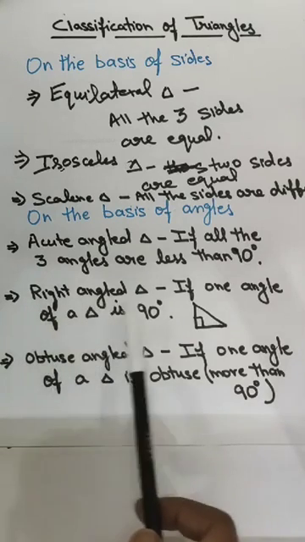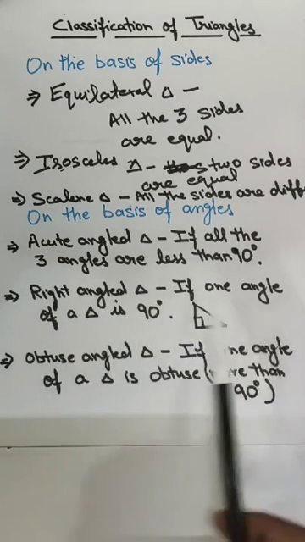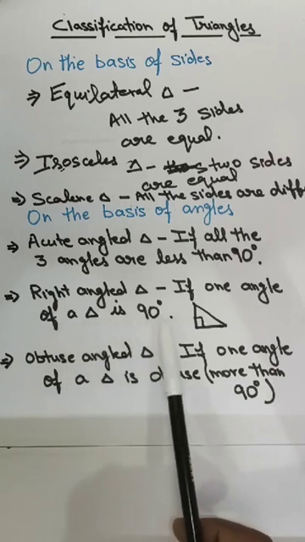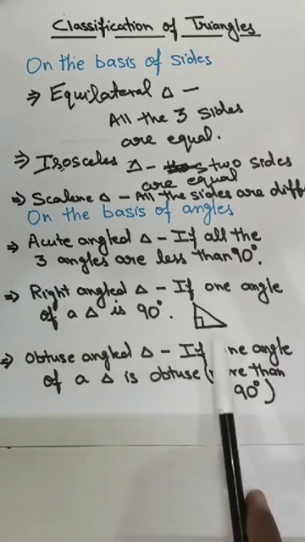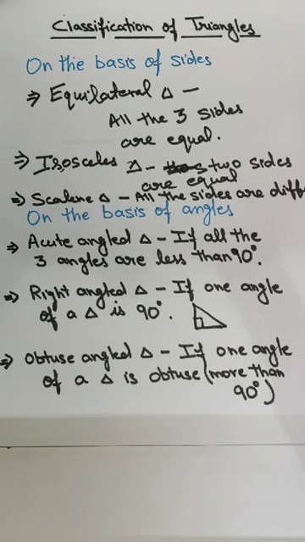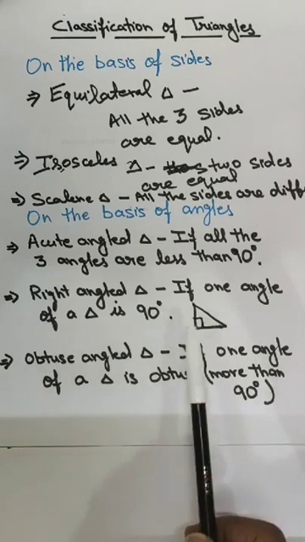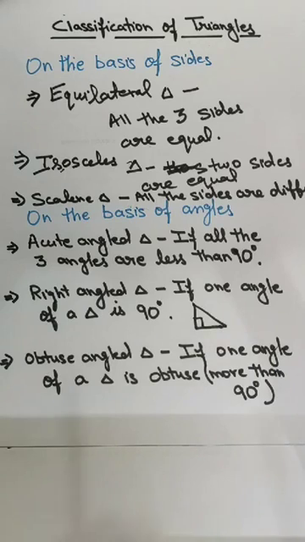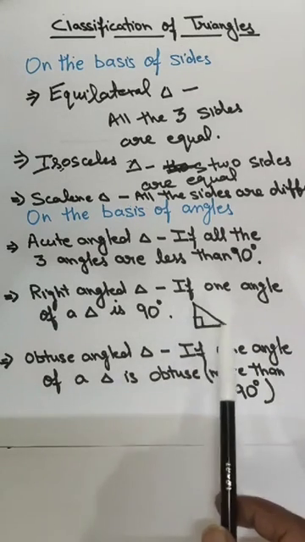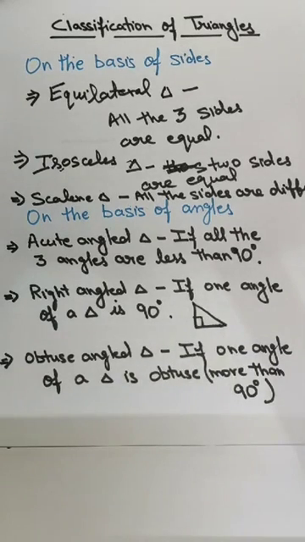Right angle triangle: if one angle of a triangle is 90 degrees, like this, then it is called a right angle triangle. If one angle is of 90 degrees, what can you say about the other two angles? What type of other two angles are they? They are acute. They can never be obtuse.